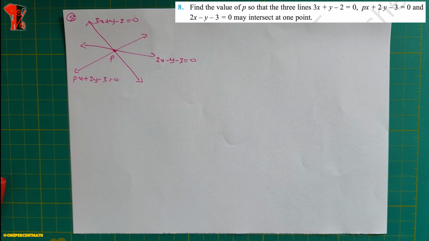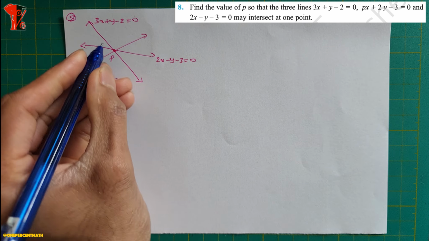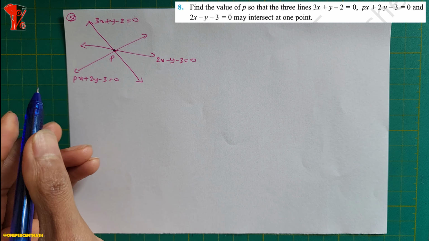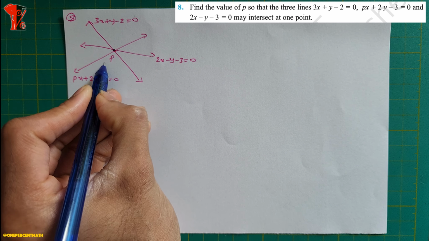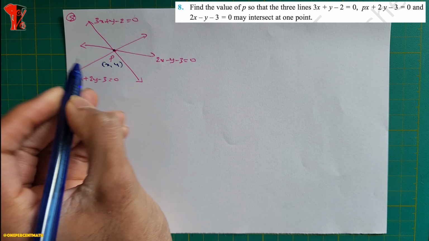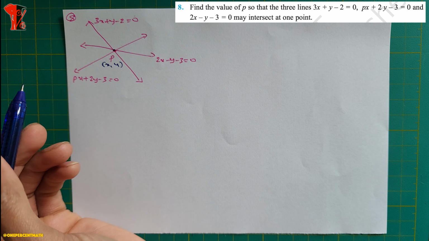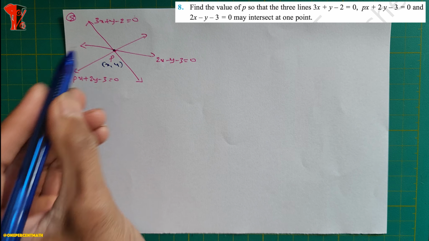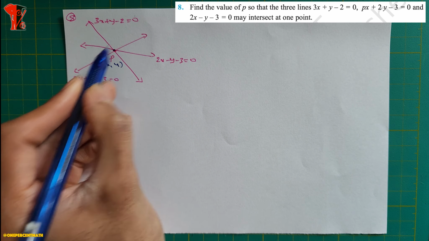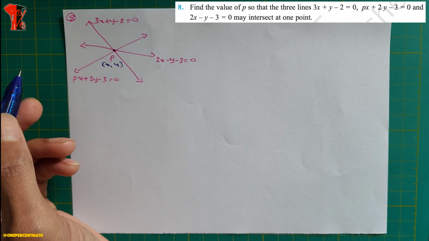According to the question, they intersect at one point, correct? So that means the solution of this point is going to be the solution of all the three lines, right? The coordinates of this point are going to be the solution of all the three lines.